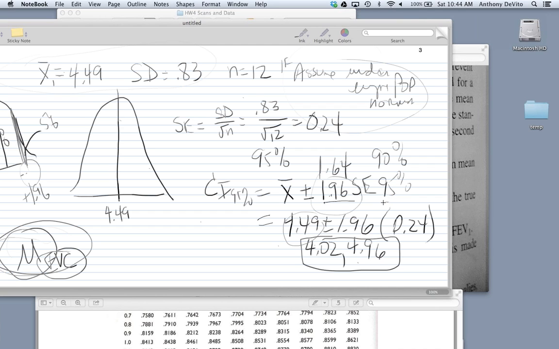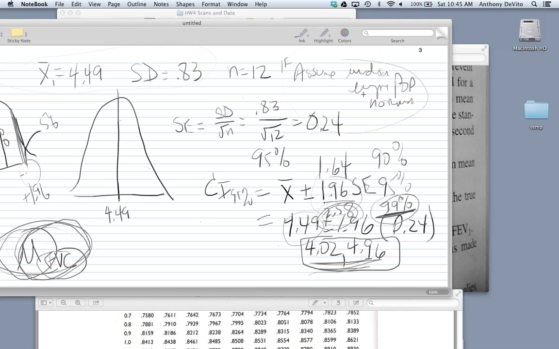Okay, if I want a 99% confidence interval, later on when you look at your Z table, you're going to notice that it's going to be 2.58. You guys can check that for me later on. So notice, if you want to be more confident that you have the true population mean within these two numbers that you predict, in order to increase your level of confidence, you have to make the interval wider.